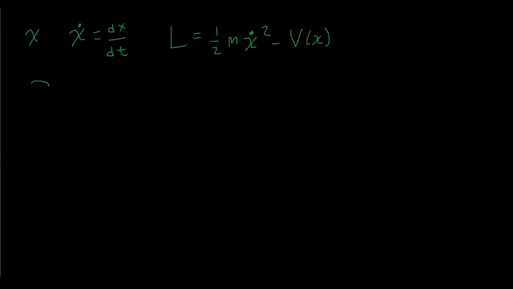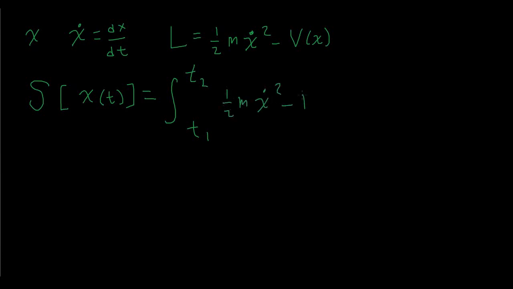I'm going to also introduce a bit of notation. I'm going to say that our action is a function of our path. And this is not too crazy. I'm just saying that the action depends on what path we take. So that's all that means.